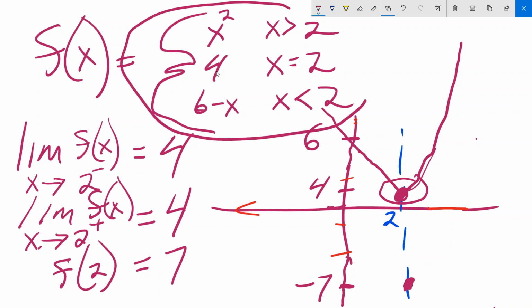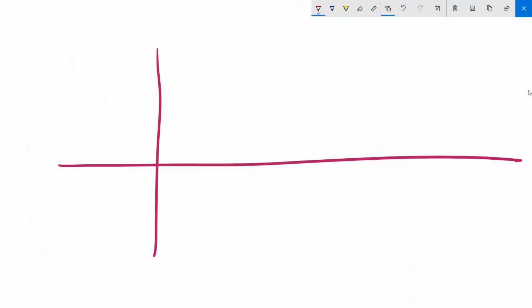Let's say we have a different, non-piecewise function, and the limits as x tends to 2 are both 4, they match. Let me draw it normally here. This is what you're talking about.